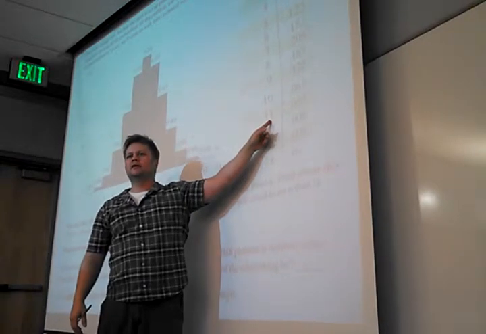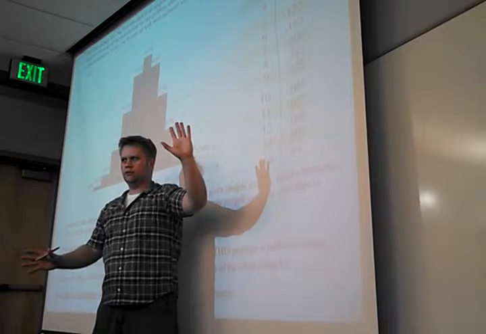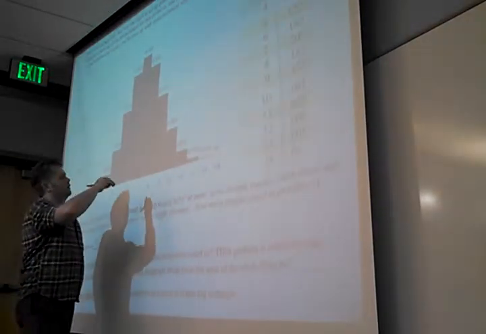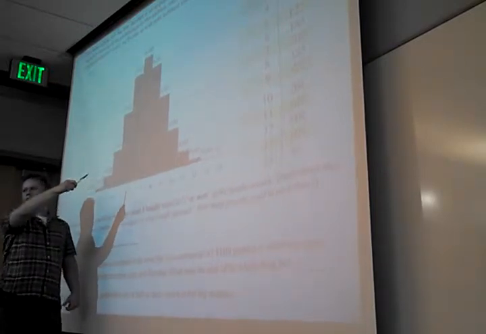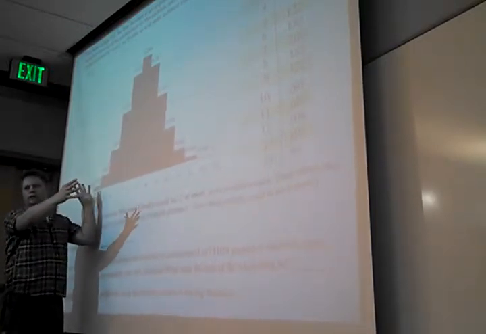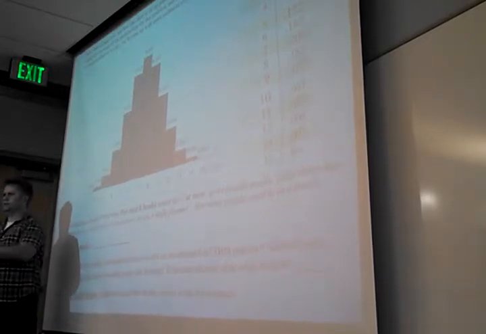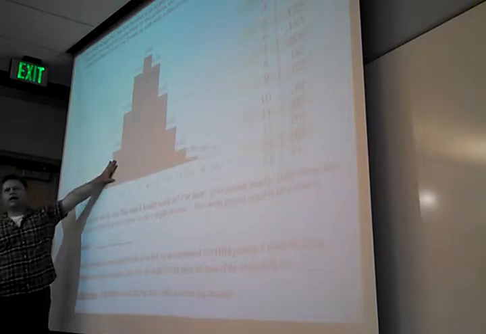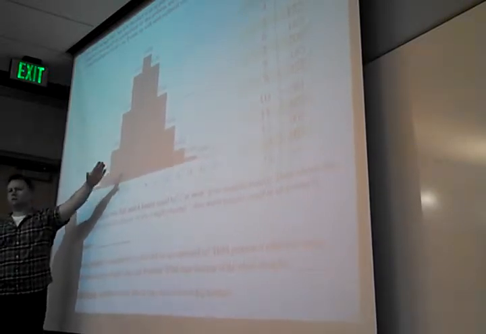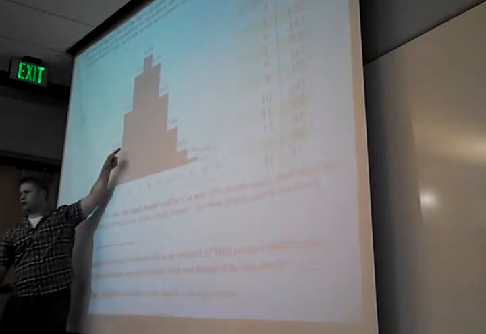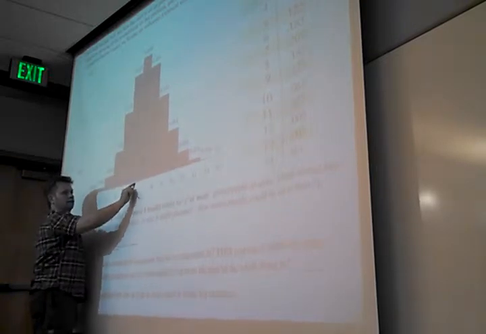Notice if I have the graph of something, how do I find probabilities? It becomes an area question. If I have the graph of a probability situation, a question about the probability of something becomes an area question. What's the area of this rectangle? How wide is it? 1, from 5.5 to 6.5.